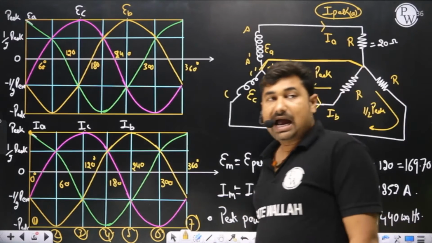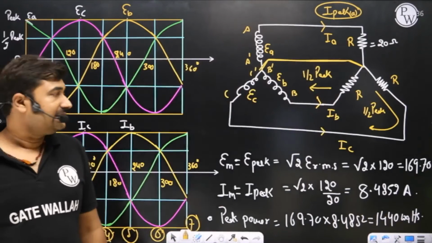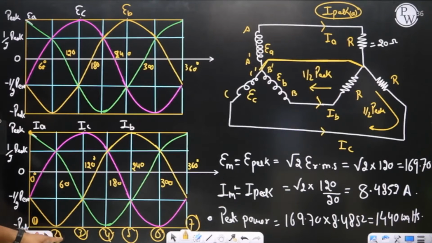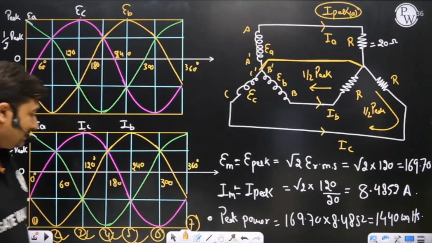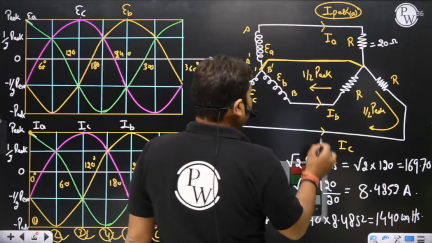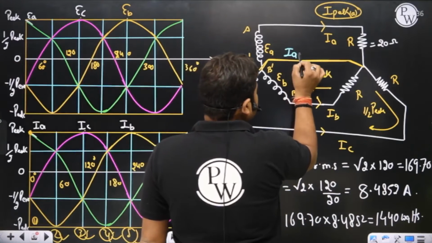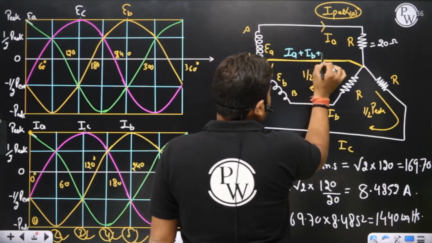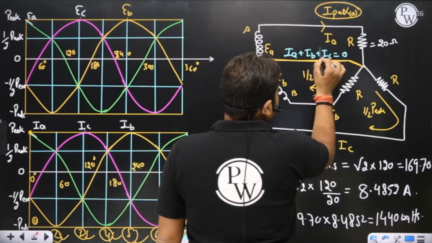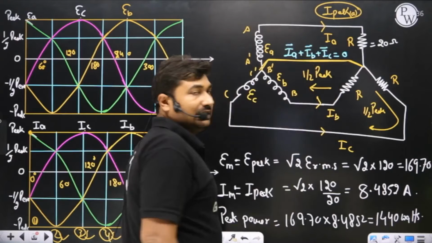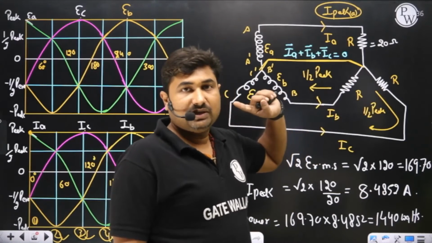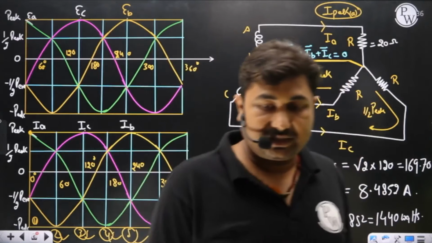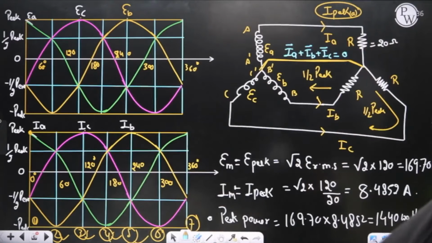You can check it at instant 2, instant 3, instant 4, instant 5, instant 6. Yes, sir. So it can be clearly observed that the phasor sum of IA plus IB plus IC is equal to 0 at any instant, since these currents are equal in magnitude but displaced in time by 120 degree.